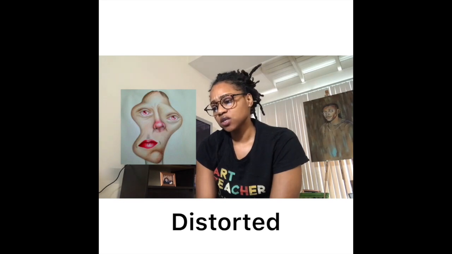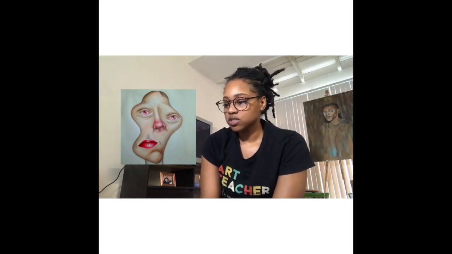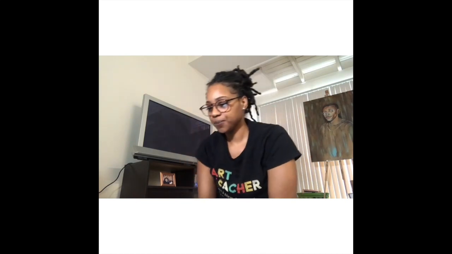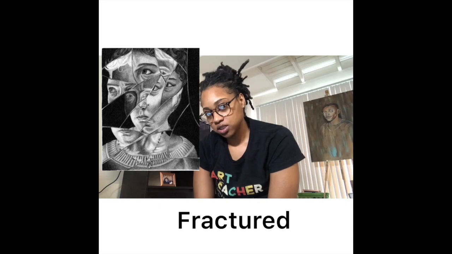So distorted is when something is pulled or twisted out of shape. So if you see some of their shapes that are supposed to be maybe a triangle, but it looks like it's kind of pulled and stretched out of shape. And fractured simply just means broken.